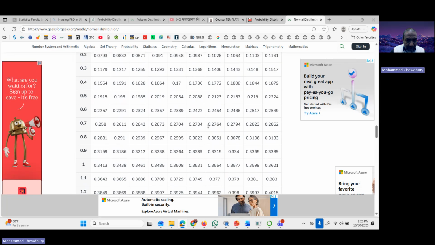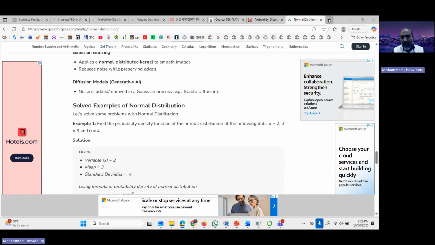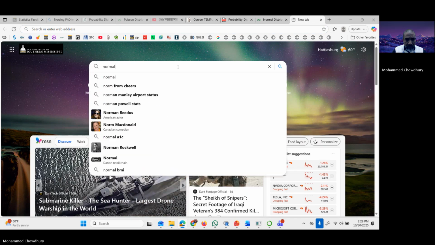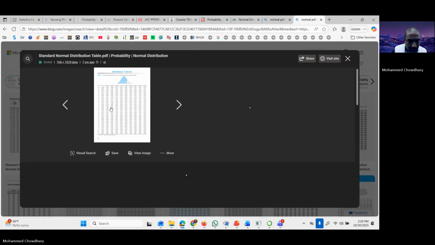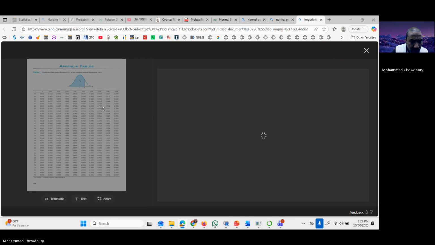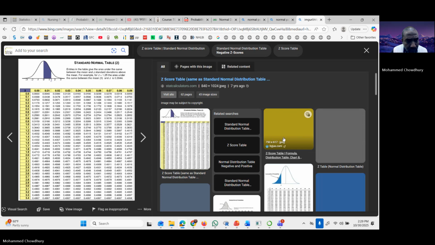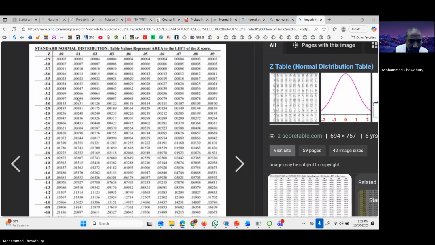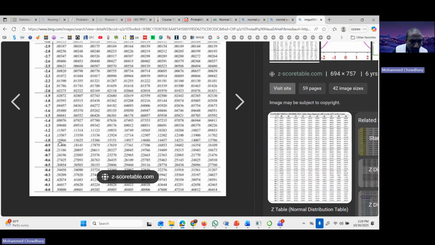they did not give the negative value in there. But let me find the here. Negative 1.